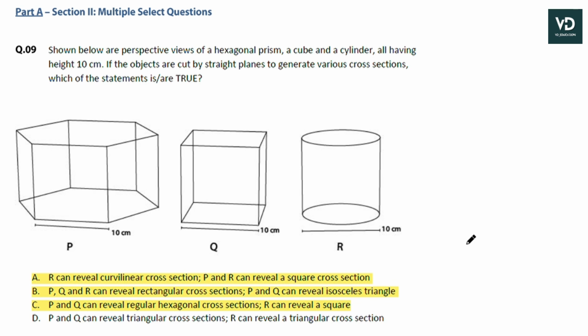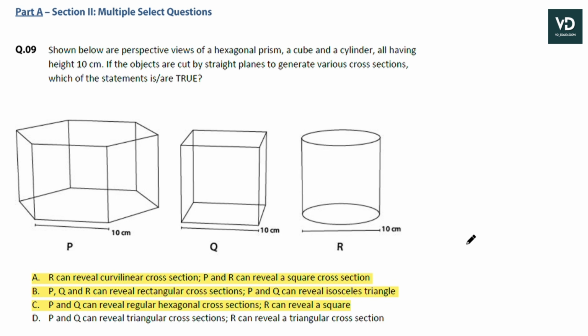If the objects are cut by a straight plane to generate various cross sections, which of the statements are true? In this question, we have to find the shapes of the cross sections of the given volumetric shapes. So the answer will be: R can reveal a curvilinear cross section, P and R can reveal a square cross section.